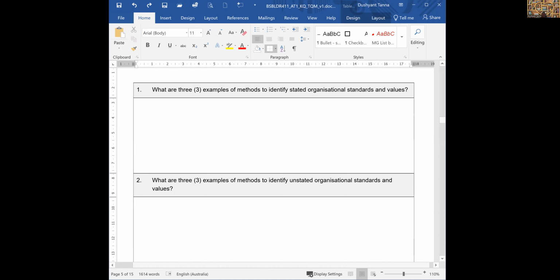Any idea? Any clue? I'll give you a hint. What is the communication method between a child who doesn't speak or understand, and the father or mother? Observation. They observe it.